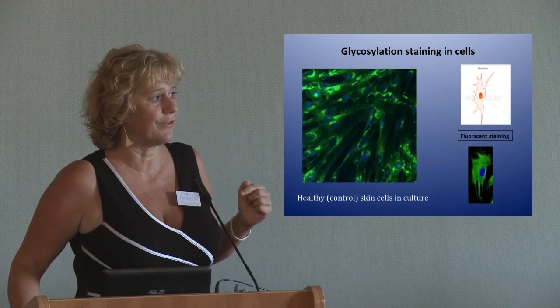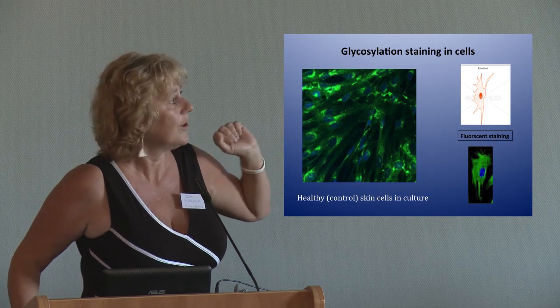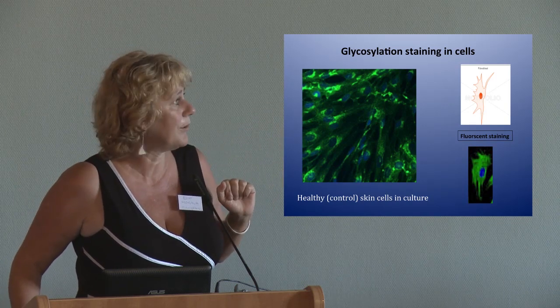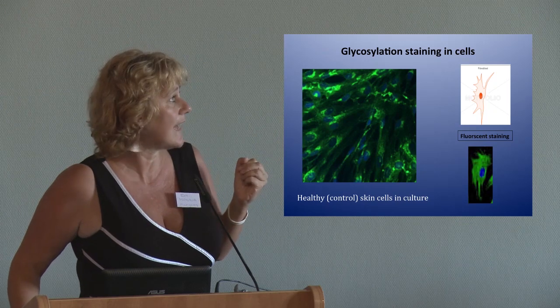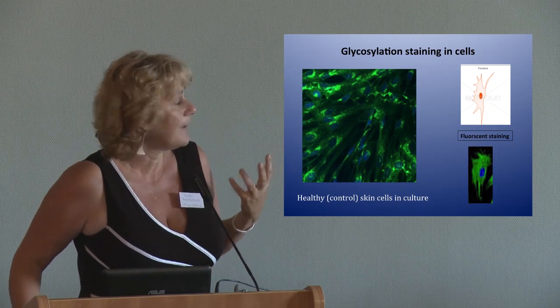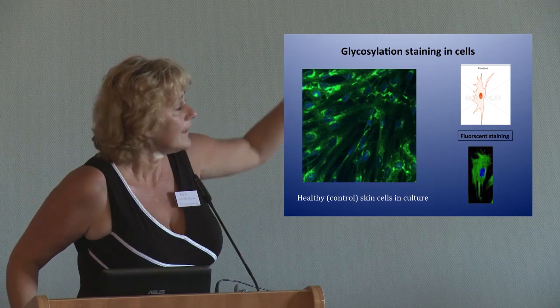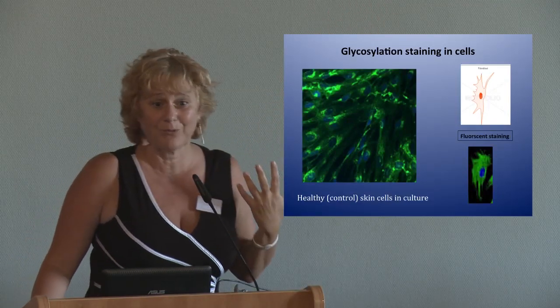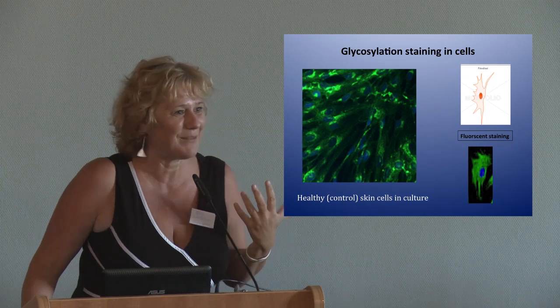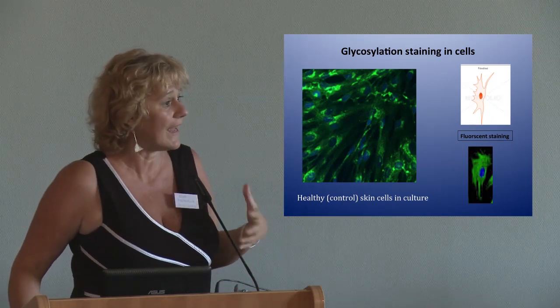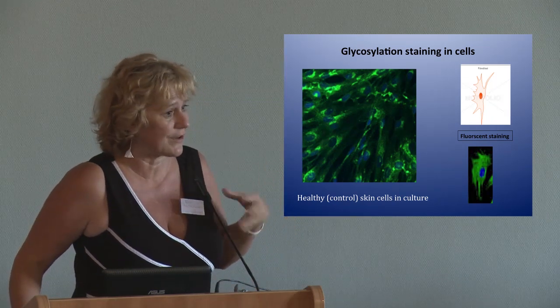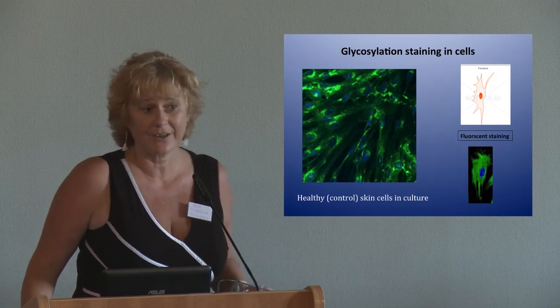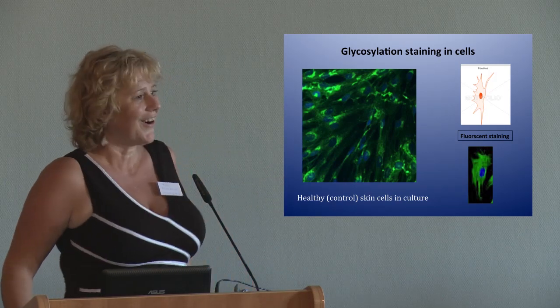So we used immunofluorescence to show the nucleus, which is blue, and then show the cell itself, which is green. And if there is a healthy cell, then you will see in culture many of these cells next to each other, and they would be beautifully colored by this immunofluorescent dye. And you can actually look into the microscope and see whether the cells are healthy. So these are our read-offs.